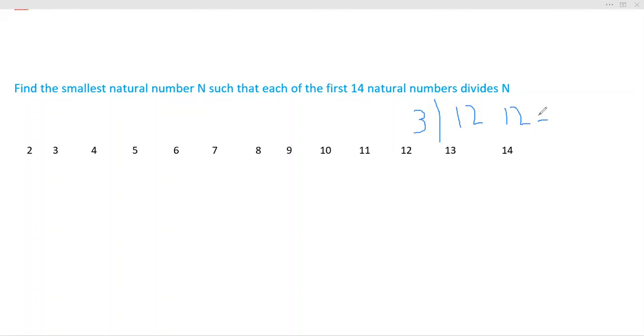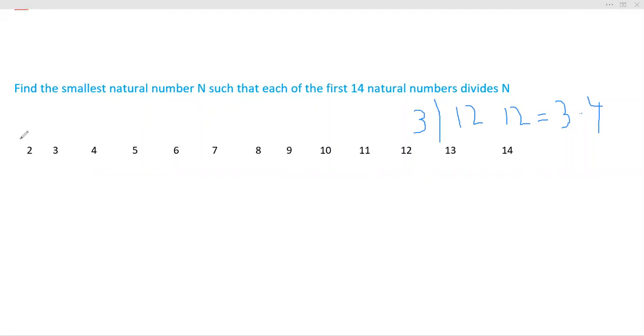Another way of stating it equivalently. Okay, so that's what we mean by divides, and by this statement, 4 would also divide 12, right? So let's try to construct this thing, and the construction itself will assure the viewers that it's the smallest natural number that meets the criterion.